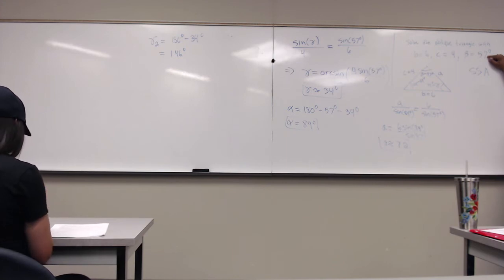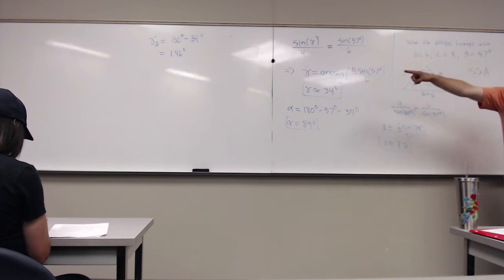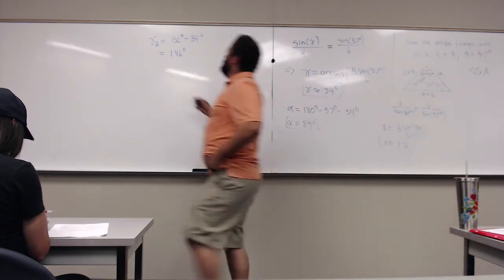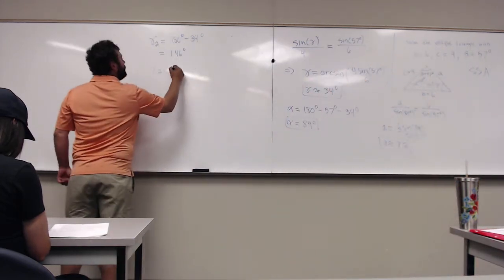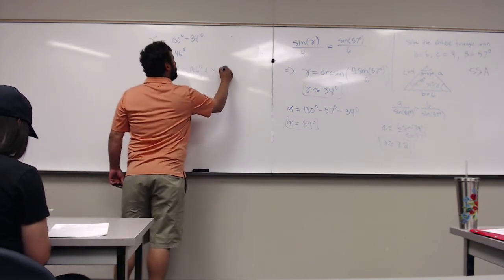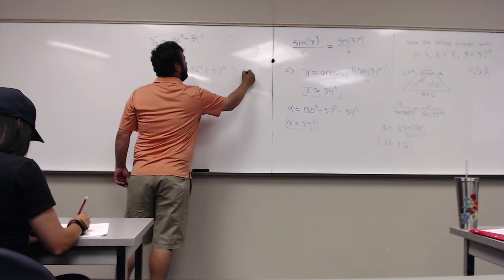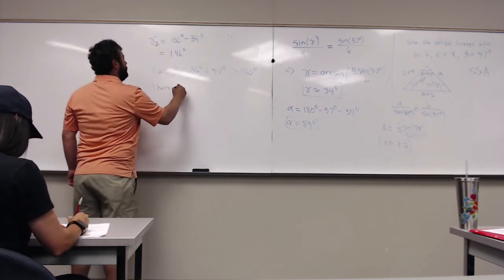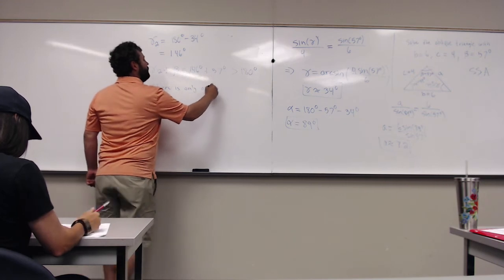If beta's still in the second solution and that's supposed to be another angle in the second triangle, you add them together. Notice gamma 2 plus beta was 146 plus 57 degrees, but this is greater than 180 degrees. So there's only one triangle solution.